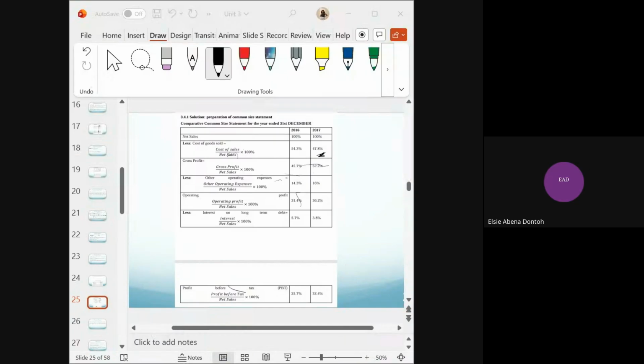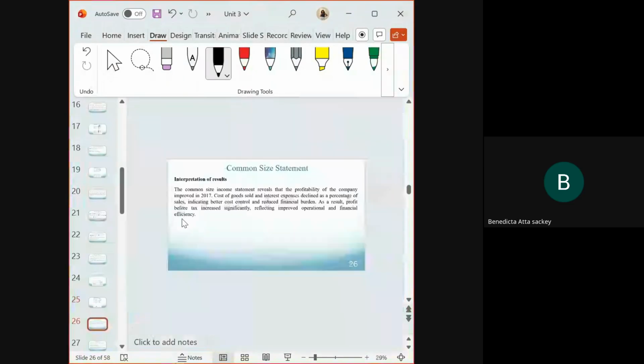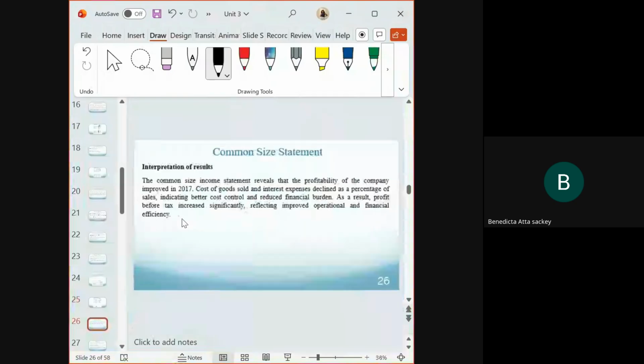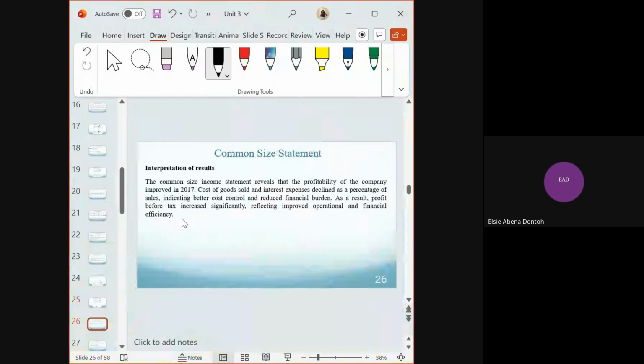Okay. Any other question? Benedicta, your hand was up. Okay. So thank you. This shows that you are all following. So for the interpretation, the common size income statement revealed that the profitability of the company improved, which we have agreed with.